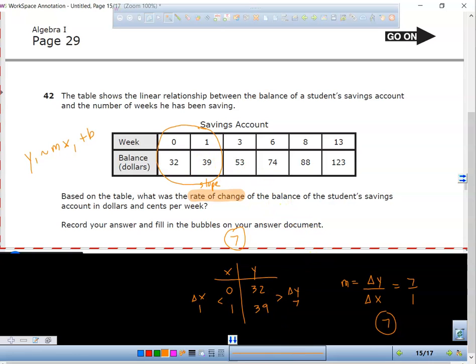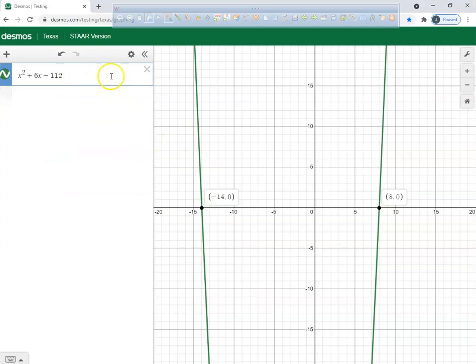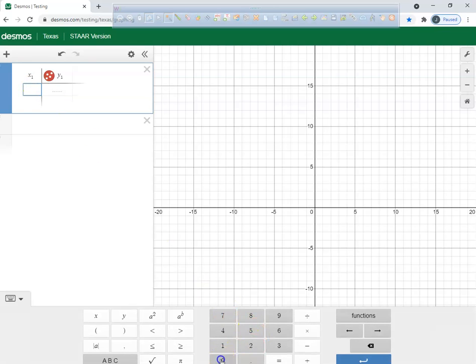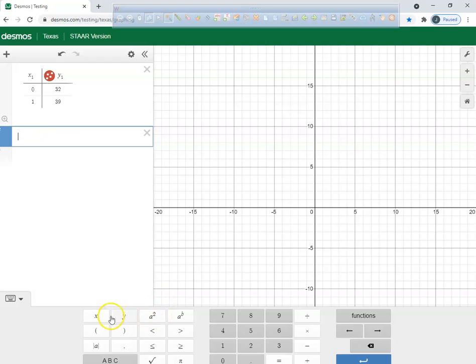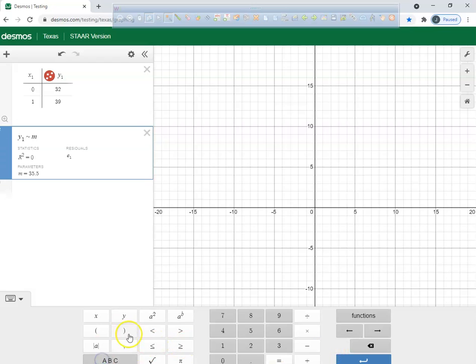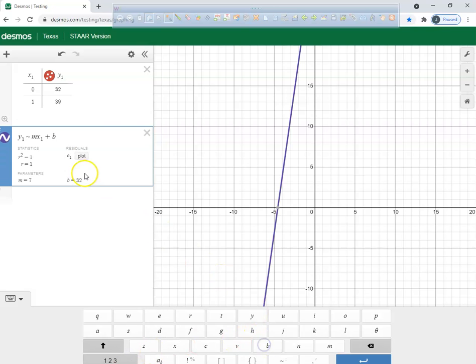But if you got stuck, all you have to do is make a table, put a 0 and a 32, and then a 1 and 39, and then you do the y1 tilde m x1 plus b. That's the phrase that pays.